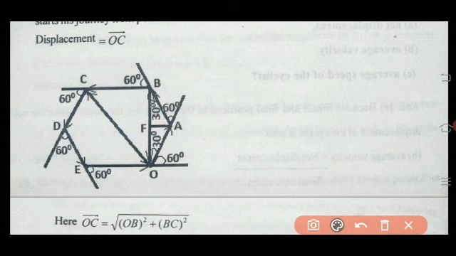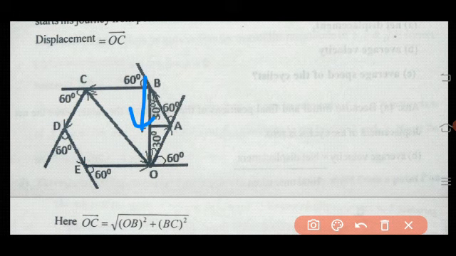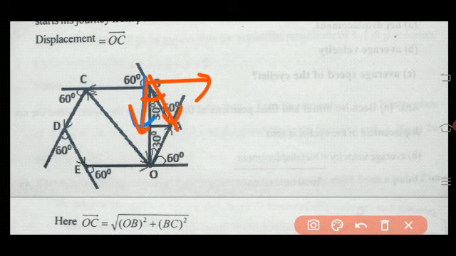Therefore, OF is nothing but OA cos 30. Similarly, in the same manner, we don't know what BF is. So just resolve into two components. Which one? We know AB. Resolve it into two components, one horizontal component, another vertical component. What is the angle here? 30 degree.